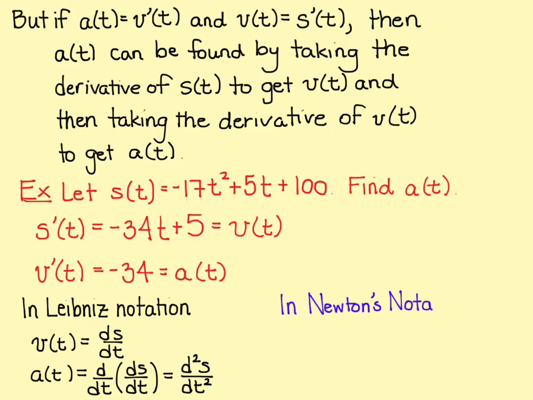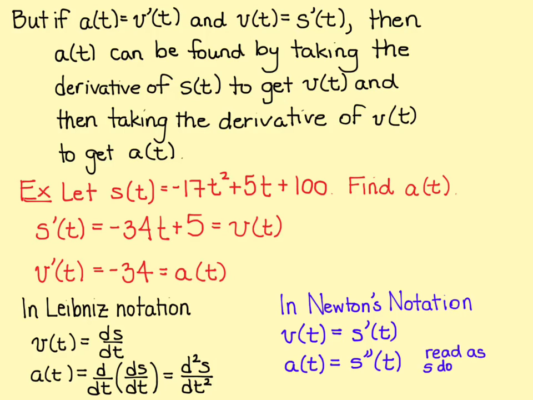In Newton's notation, we have v of t is equal to s prime of t, and a of t is given by s double prime of t. And notice that we read this as s double prime of t. So in other words, if we want to find the acceleration, we just take the derivative twice of the position.